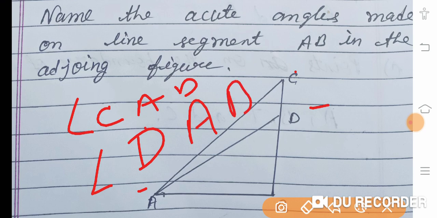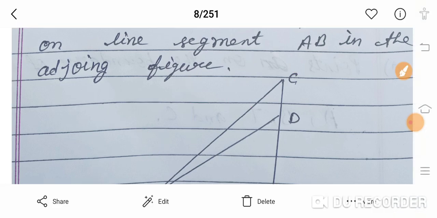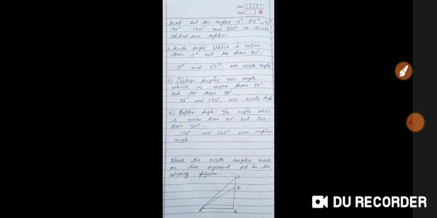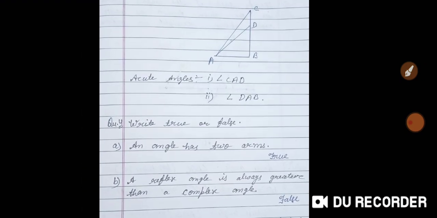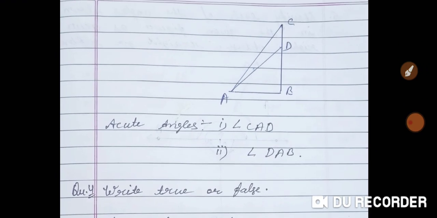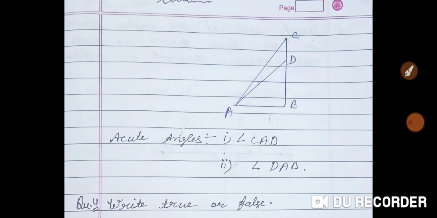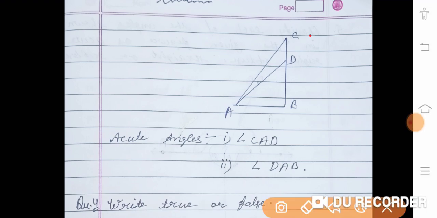Two different angles are present and both are less than 90 degree. For the acute angle you have learned that it is the angle which is less than 90 degree. So please try to write the answer, my dear. Both angles, that is CAD and DAB, are acute angles.